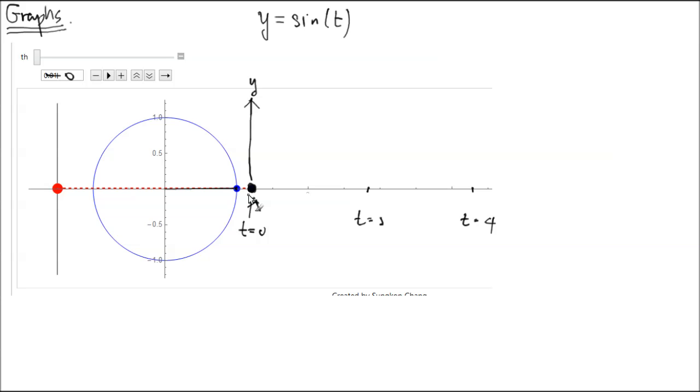Let me go ahead and do this angle right here. What is the angle there? 45. Secretly we think it's 45, but what is the right number? What is the t here? Not 1. It's pi over 4, right?